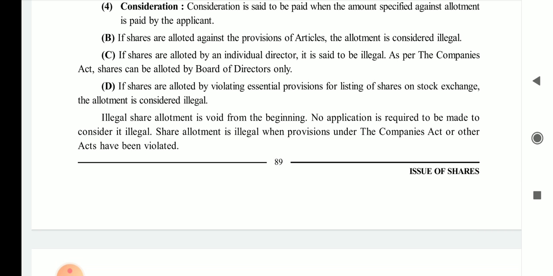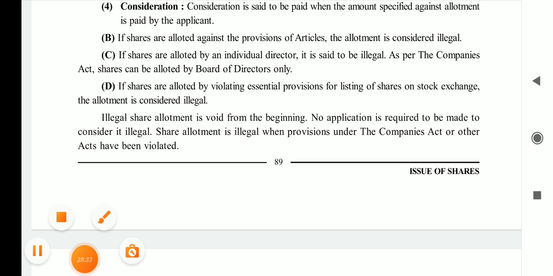If shares are allotted by violating the essential provisions for listing of shares on a stock exchange, the allotment is considered illegal. Without observing the rules and regulations of the stock exchange, if you allot the shares, it is considered illegal.